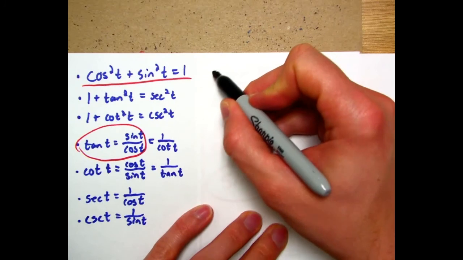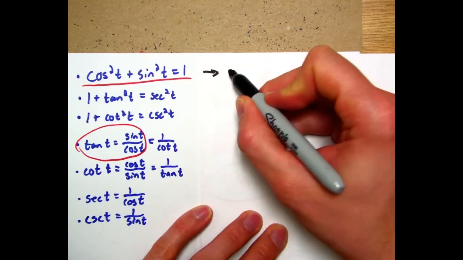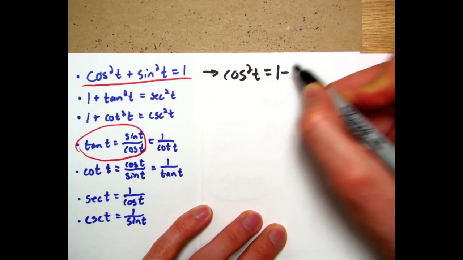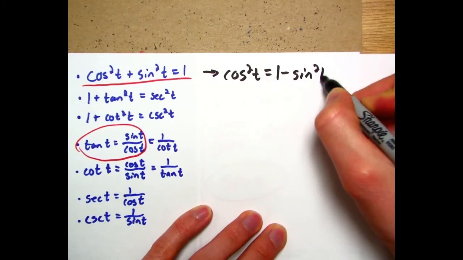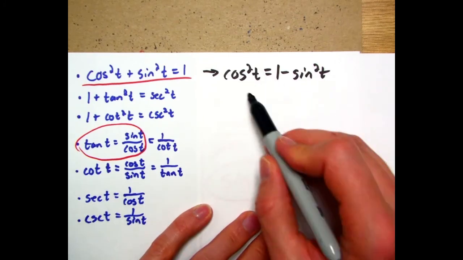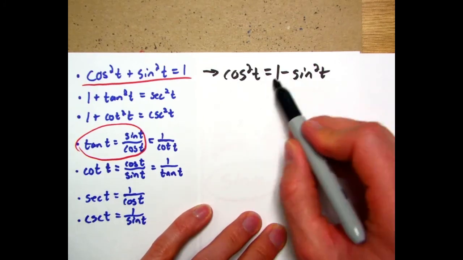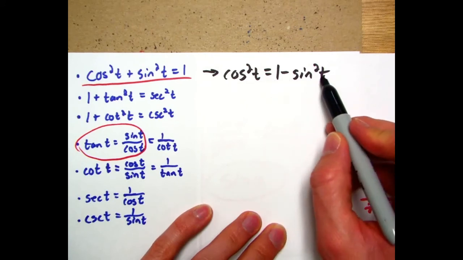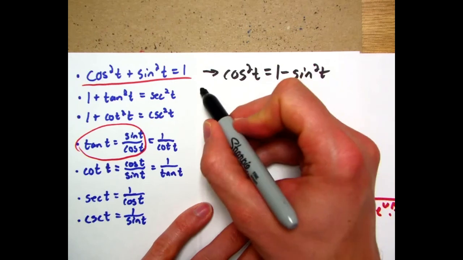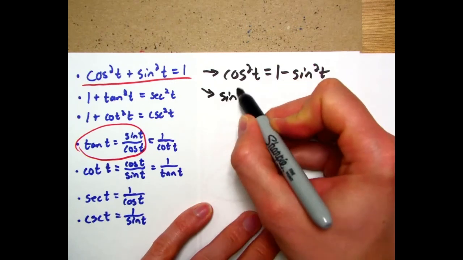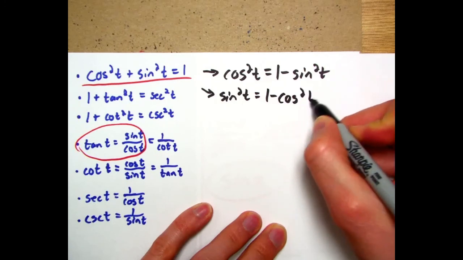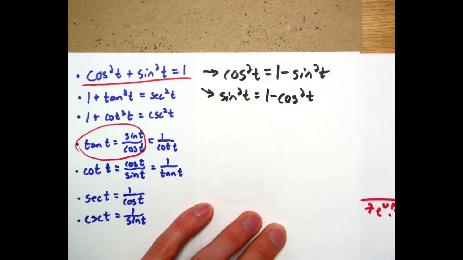So we could also write this as cosine squared t equals 1 minus sine squared t. And you'll see this happen a lot where they give us cosine squared t and we're supposed to substitute 1 minus sine squared in place of it to make it easier on ourselves. Also, sine squared t equals 1 minus cosine squared t. That also happens a lot.